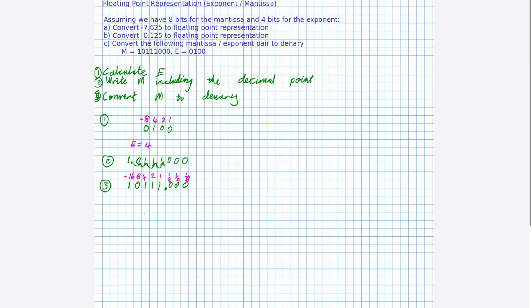We end up with -16 plus 4 plus 2 equals -16 plus 6 equals -10. And there we have it.